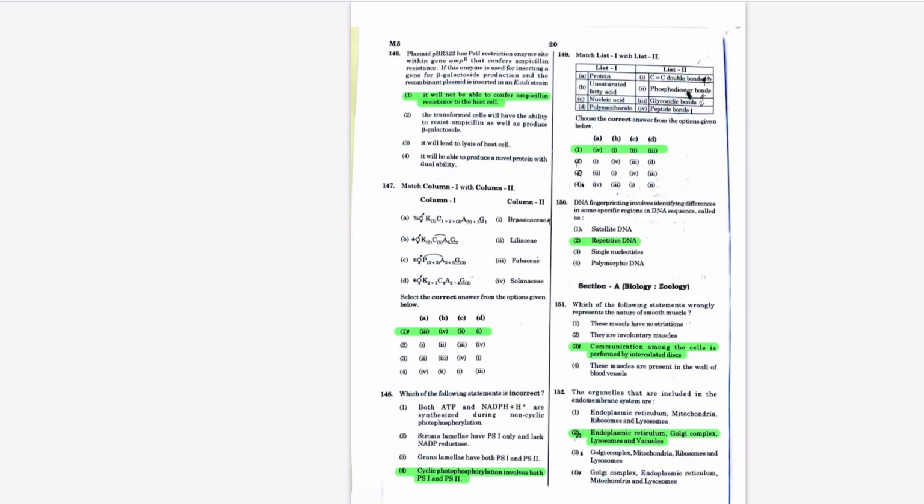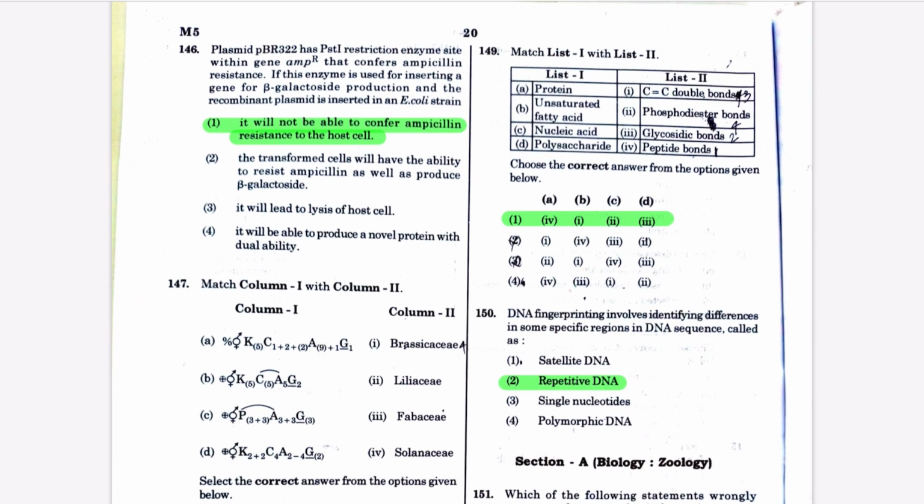Okay, right. So 146, the plasmid PBR322 has a PvuI restriction enzyme site within the gene that confers ampicillin resistance. If this enzyme is used for inserting a gene for beta-galactosidase production and the recombinant plasmid is inserted in an E. coli strain, what would happen?